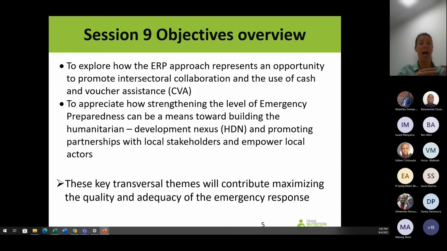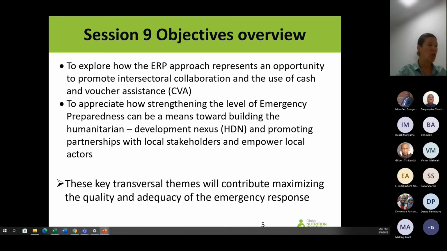And again, strengthening your level of emergency preparedness can be a means toward building the humanitarian development nexus and promoting partnerships with local stakeholders and empowering local actors. That's the so-called localization agenda, if I may say. All these key transversal themes will contribute to maximizing the quality and adequacy of your emergency response from the initial phase of it.